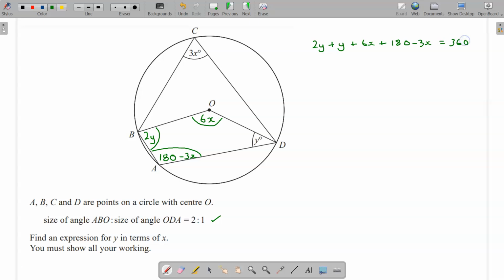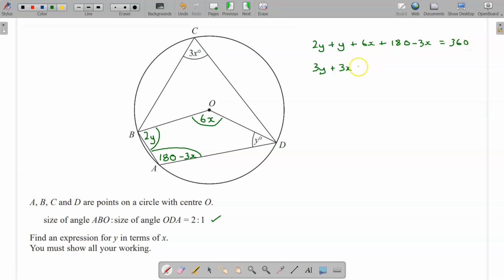Okay, so I've just got to rearrange this and get y equal to a function of x. Well, I've obviously got 3y there at the front. I've got 6x minus 3x, which is just plus 3x, and I've got 180 and I've got 360 on this side.